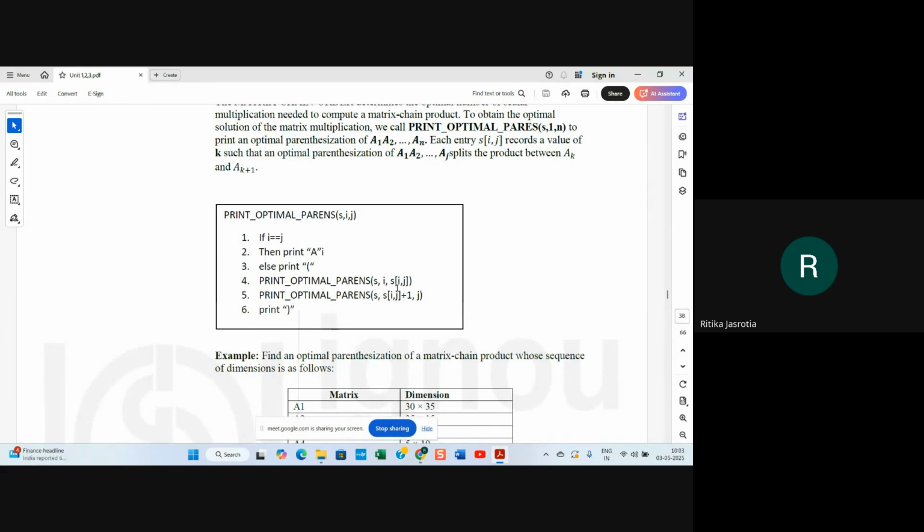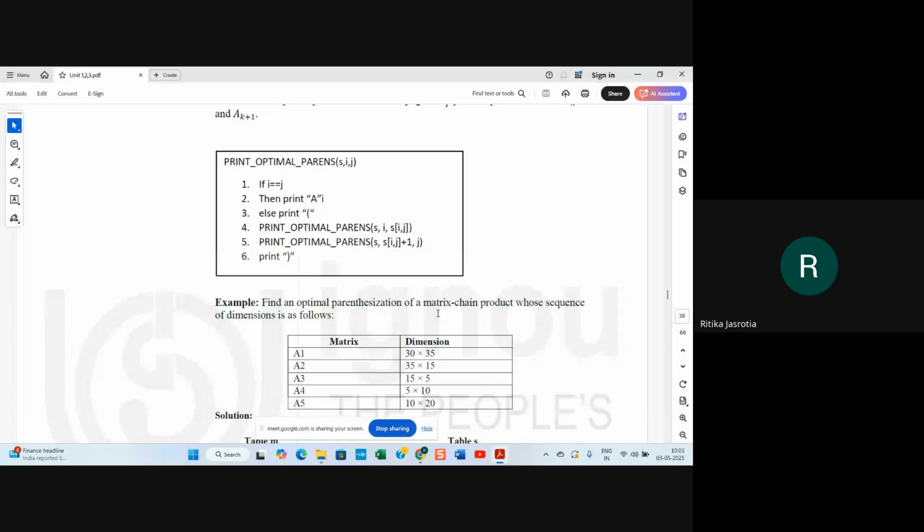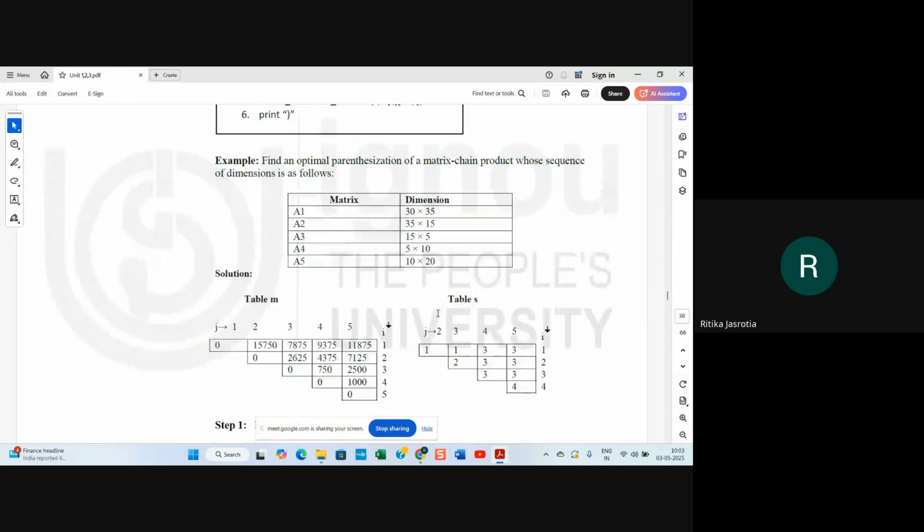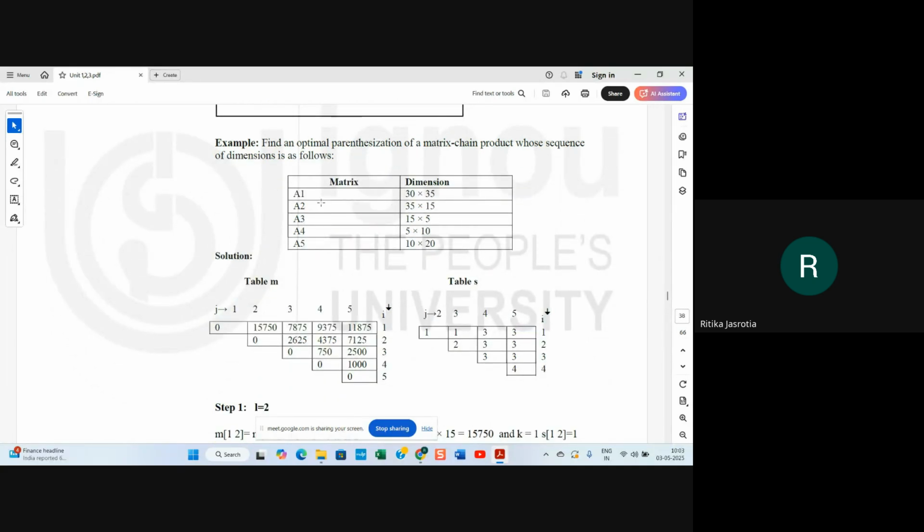So this is finding out the optimal solution. How have they done it? You have A1 13 into 35, 35 into 15, 15 into 5, 5 into 10, 10 into 20. Here 1 1, 2 2, 3 3, 4 4, 5 5 will be 0.